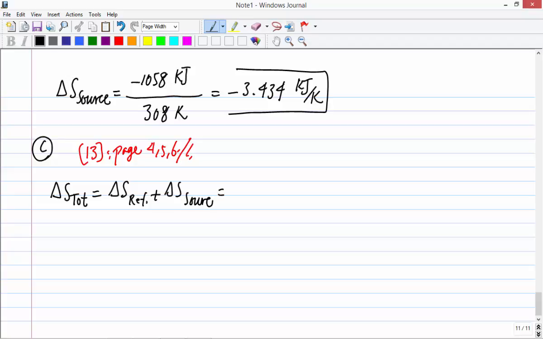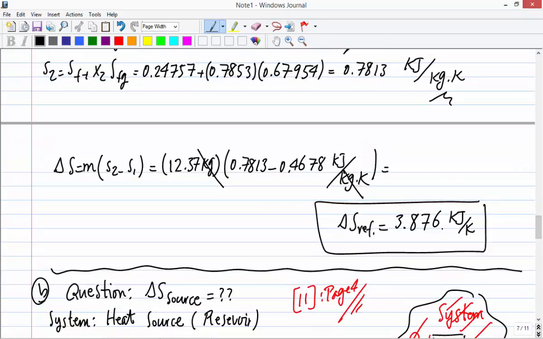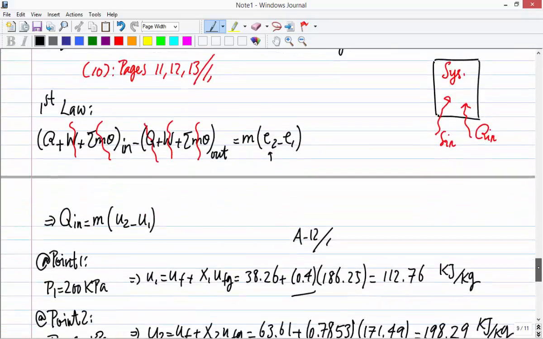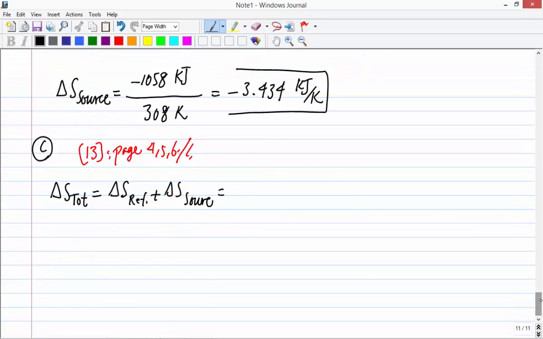Totally, we have the tank and the surrounding. There's nothing else, right? Either the tank or whatever other than tank, which is the surrounding. And we got that here, that the change in entropy of the tank, the refrigerator, was that, and the total change of entropy of the surrounding was this. So I need just to add them all.